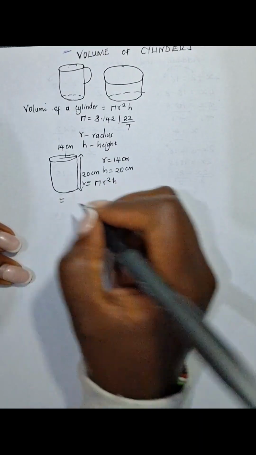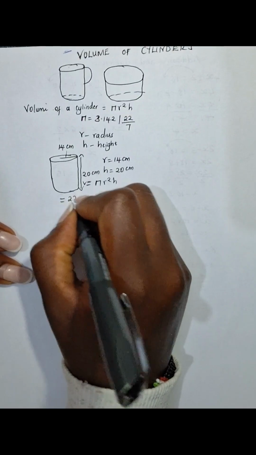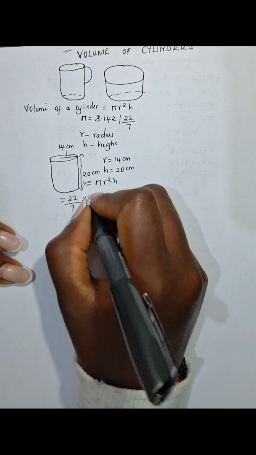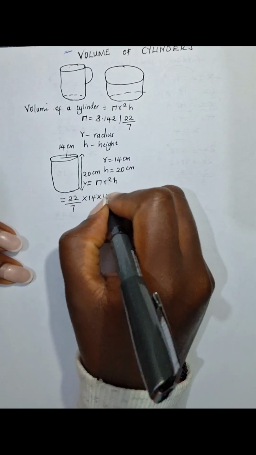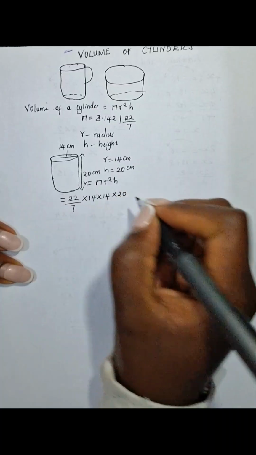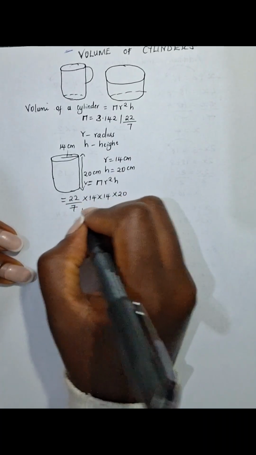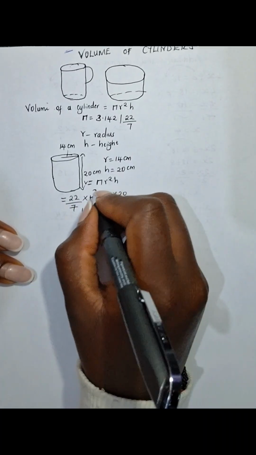So how do you write that? You just say 22/7 times radius squared, then you multiply by 20, okay? By 7, 1, by 7, 2.